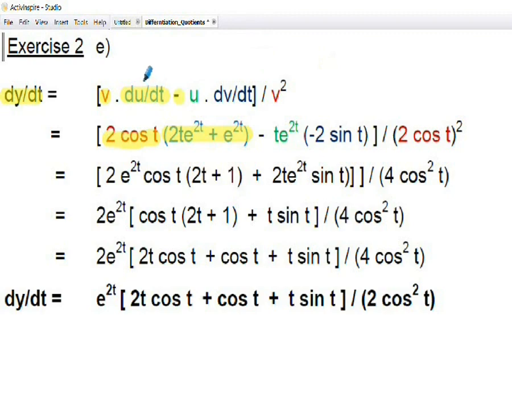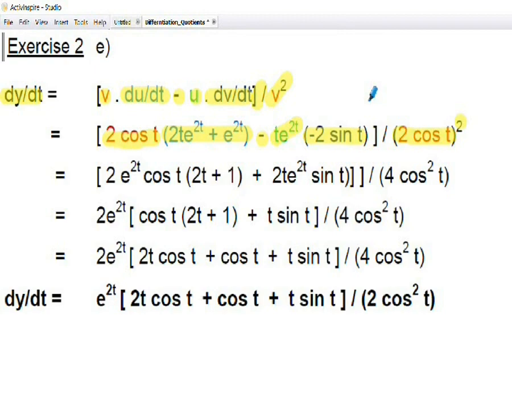And I'm taking away, as the equation tells me to do, the u, which is t e to the 2t in this case, times my dv by dt, which is minus 2 sine t. The whole thing is divided by v squared. V in this case is 2 cos t, and I'm squaring it.